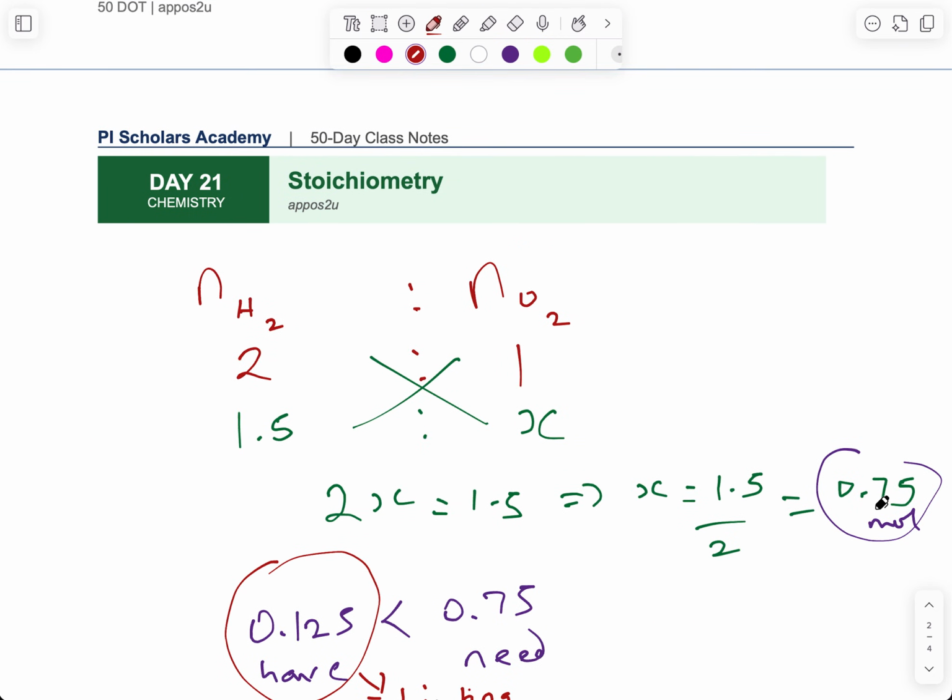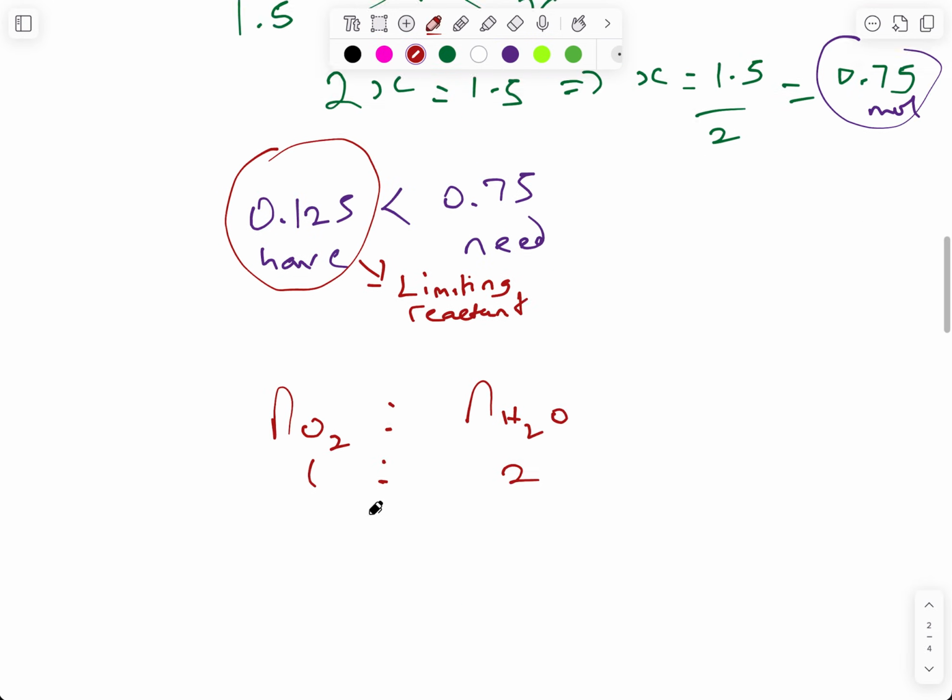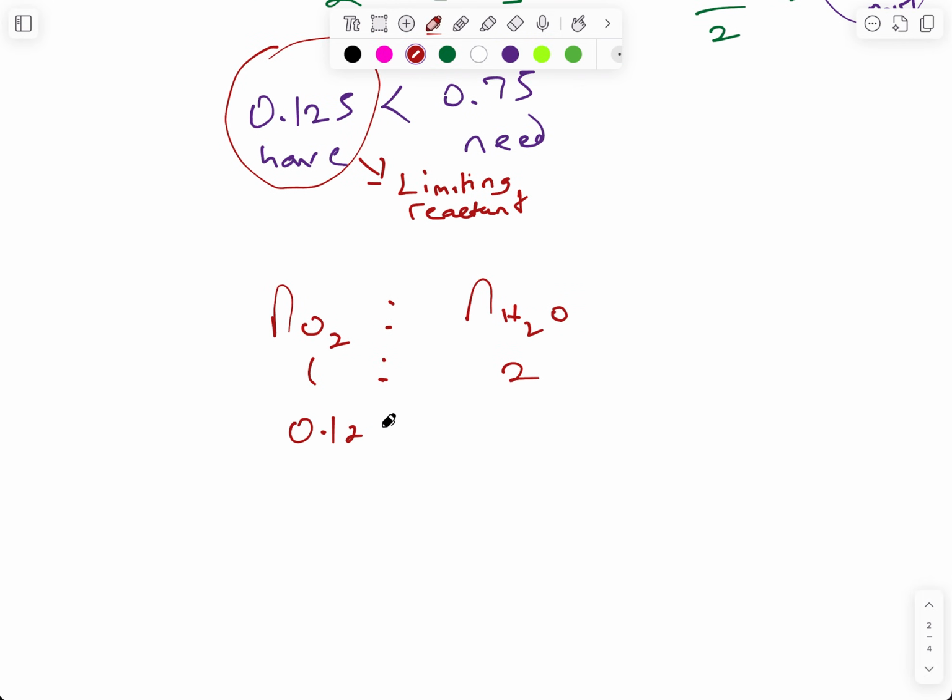Please make sure you don't make a mistake and use 0.75. 0.75 is just the expected, but that's not what you have. So you have 0.125 ratio x. If you solve it the same way, x is going to be 0.25. Let's confirm that.